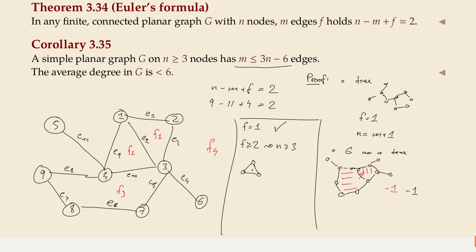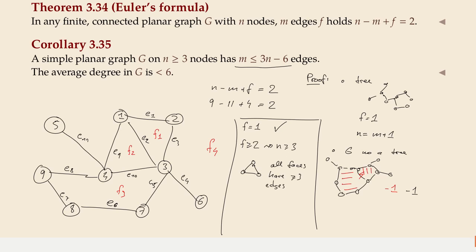Otherwise, it won't get a cycle in the undirected sense. So it could be more, but at least 3 per face.